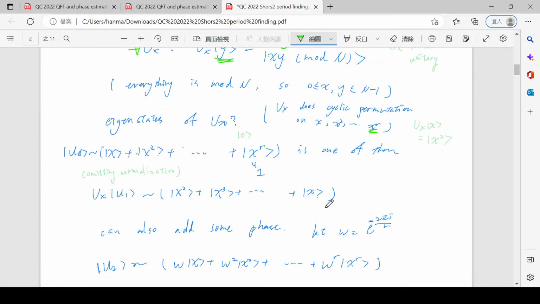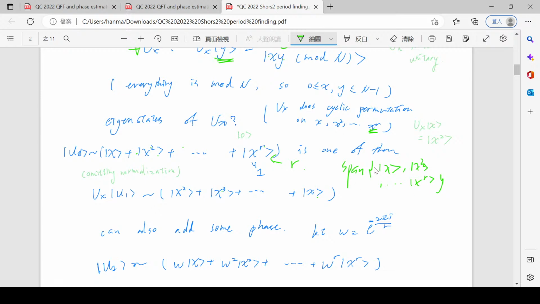A bit of counting: if we think about the space spanned by |x>, |x squared>, all the way to |x to the r>, then, a bit of group theory, this subspace is invariant under U_x, because anything in this subspace you apply U to, you still get a vector in this subspace.